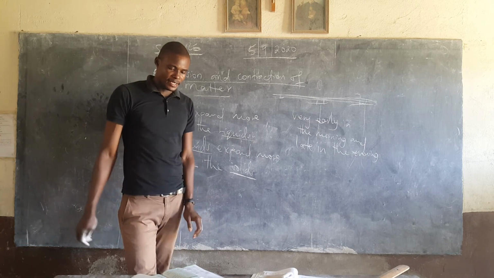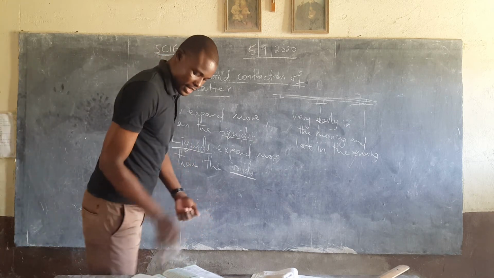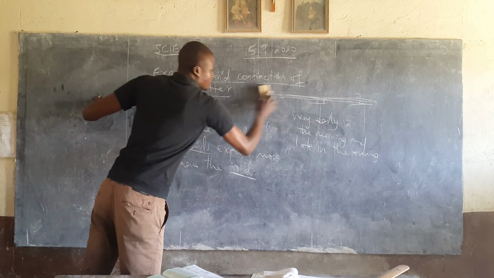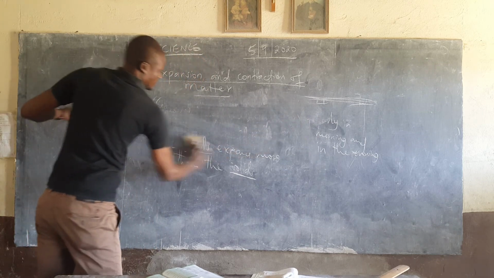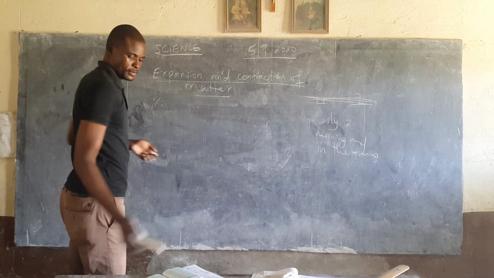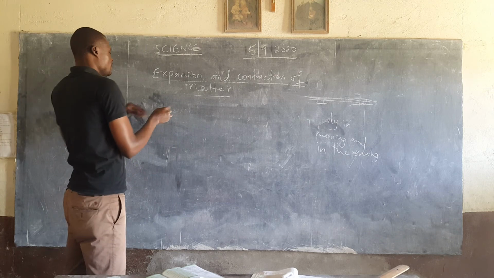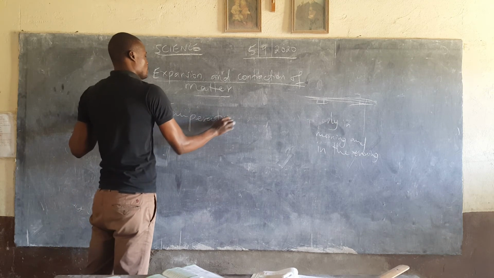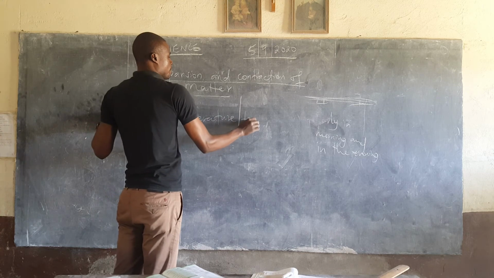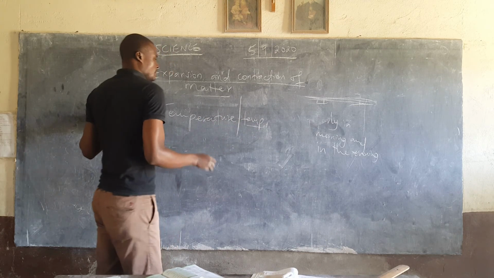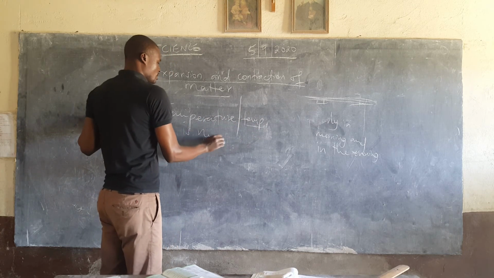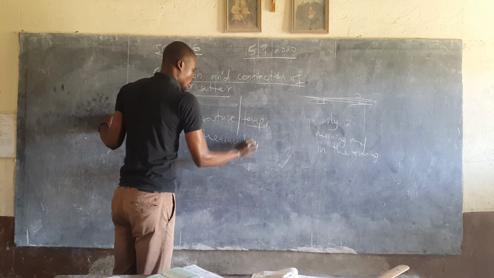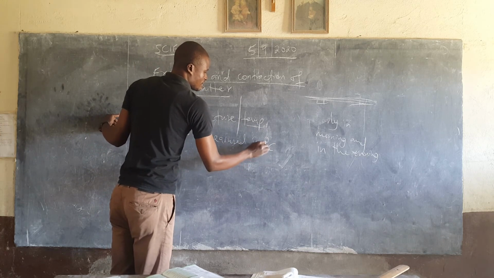Measurement of temperature is in degrees Celsius, and this is the spelling of degrees Celsius. At times, the short form of temperature we call it temp, right? In short, it is measured in degrees Celsius.